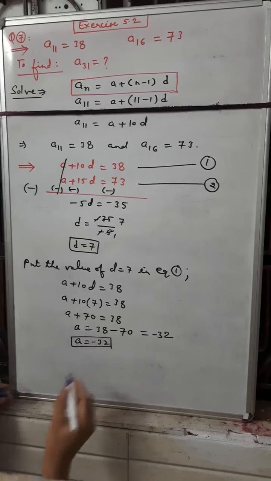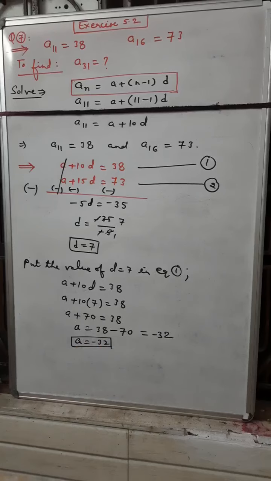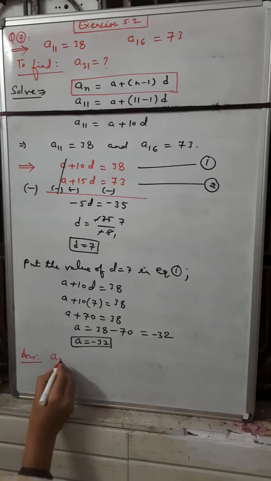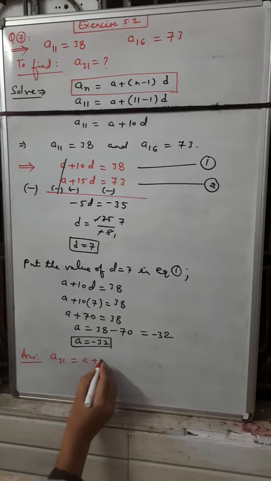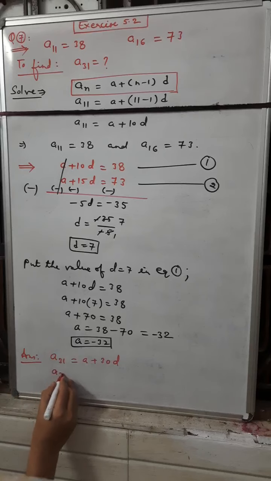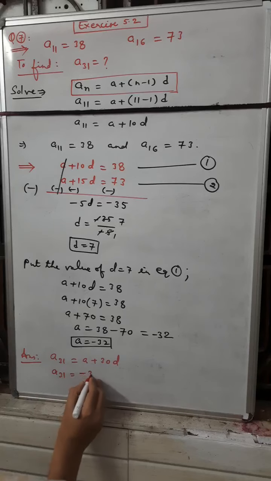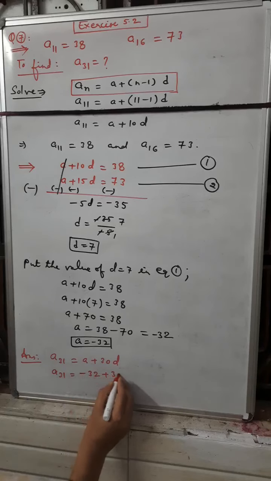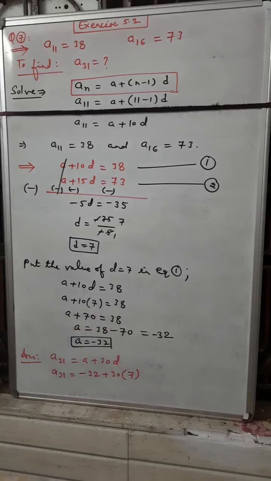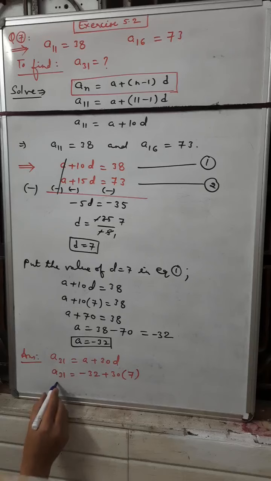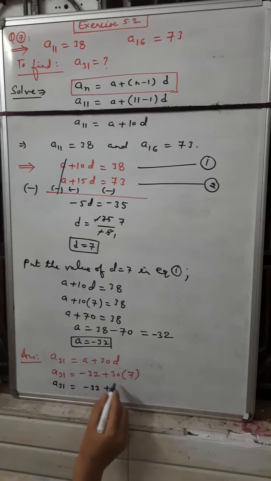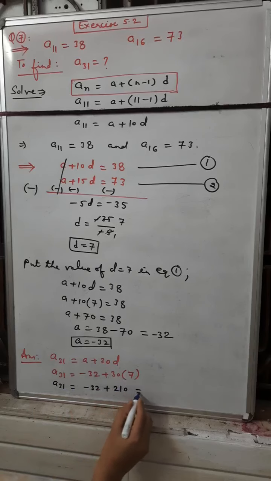Now what do we have to calculate? A31. So A31 is equal to a plus 30d. Now we have both values: a is equal to minus 32 and d is equal to 7. So A31 is equal to minus 32 plus 30 times 7. 3 sevens are 21, so 210.